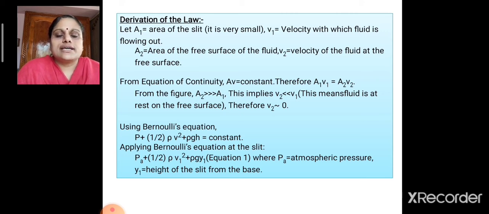Applying Bernoulli's theorem, P plus half rho V square plus rho G H is a constant. Applying this theorem at the slit, we get PA plus half rho V1 square plus rho G Y1, where PA is the atmospheric pressure and Y1 is the height of the slit from the base.